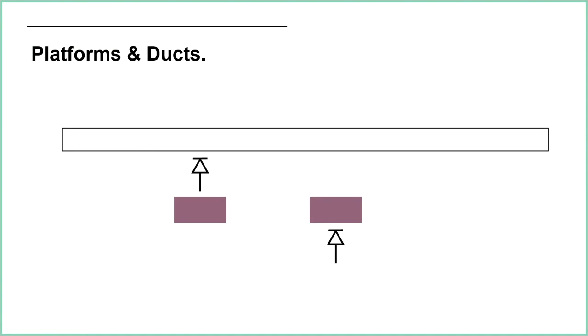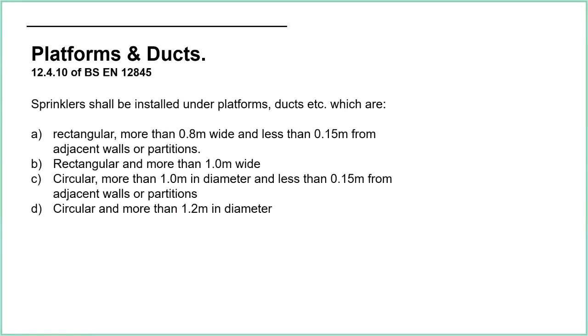We have this statement here, which can be found in BS EN 12845, clause 12.4.10. It has four rules for all platforms and ducts. There are going to be times where you have to use a bit of common sense, because it only recognises rectangular and circular as two different shapes.